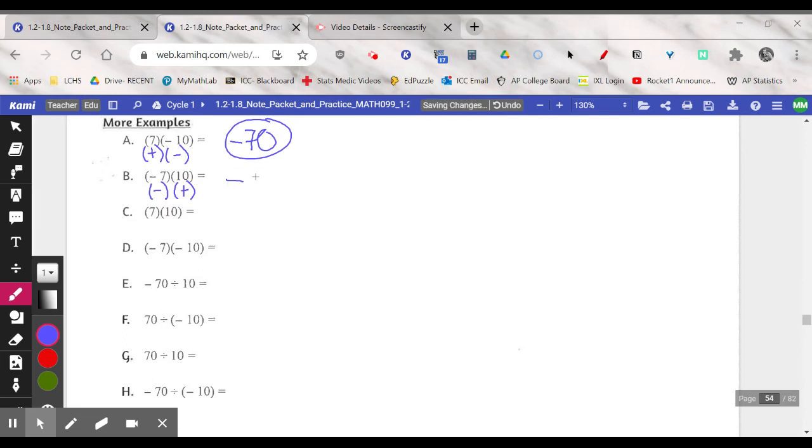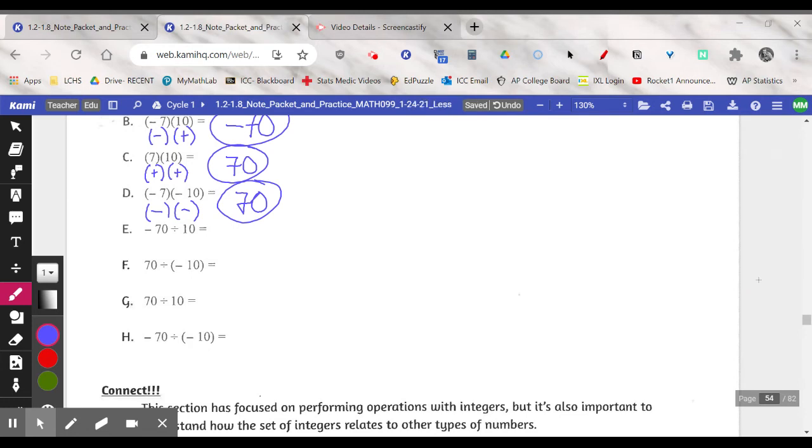So we get a negative answer, and 7 times 10 is 70. For C, this is a positive times a positive. So we get a positive 70 here. And for D, we have a negative times a negative. So they have the same sign. So this is also a positive 70.